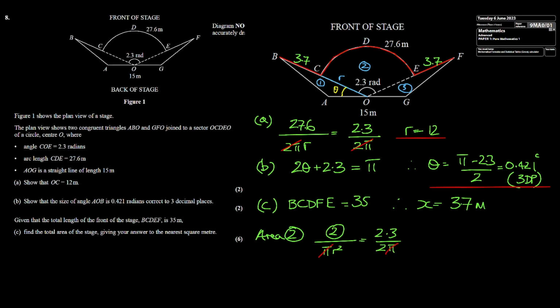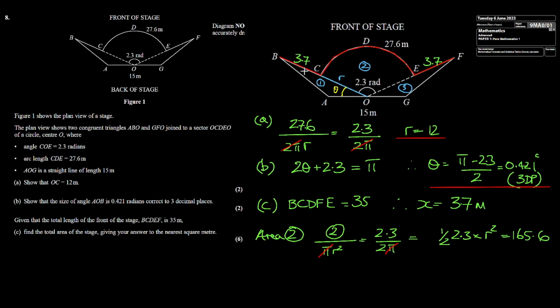The pi's cancel, and we're left with the area is equal to a half times 2.3 multiplied by r squared. And if you substitute our value of r in, which is 12, we get that this area is equal to 165.6 square metres.